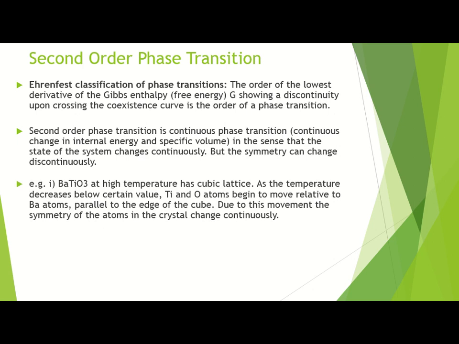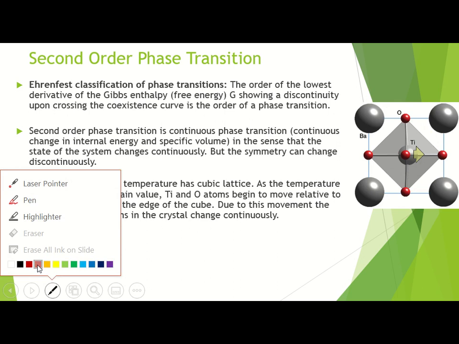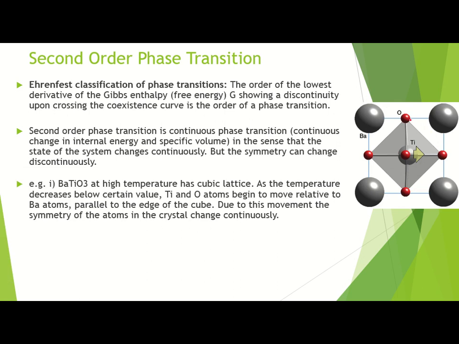We will quickly go through a couple of examples of what happens in these materials. One example is barium titanate, BaTiO3. You have the barium mostly at the vertices, and then oxygen at the center of the faces of the cube.